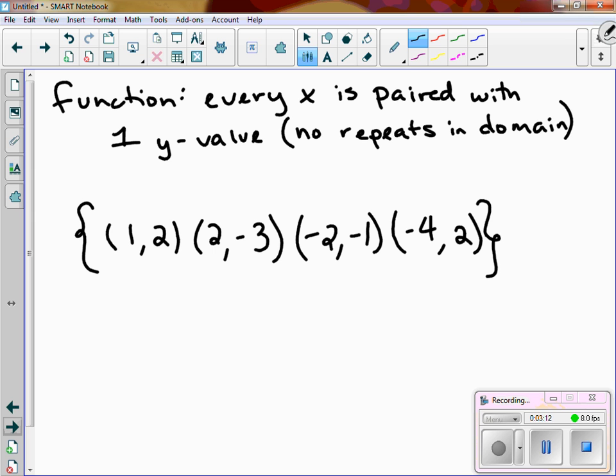All right, so I'm basically looking for my domain. My domain are my x values, remember? And I've got 1, 2, -2, -4. Do I have any repeats of that? No, I've got 4 points. So this checks out in that it is a function.